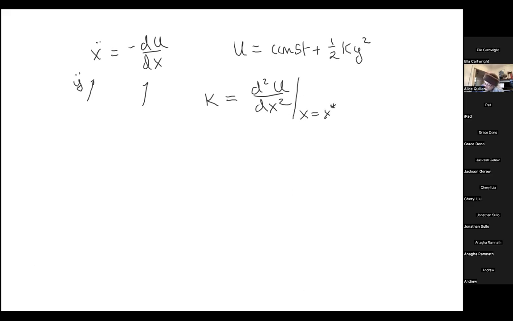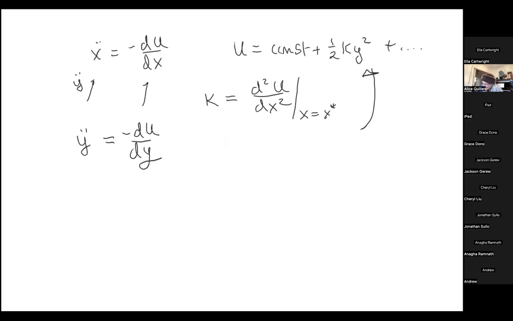So this means I can write y double dot is equal to minus du dy, and u is a constant plus this thing, like that.